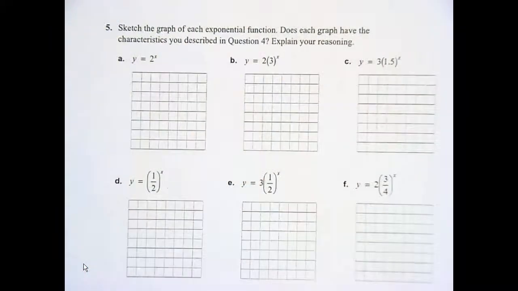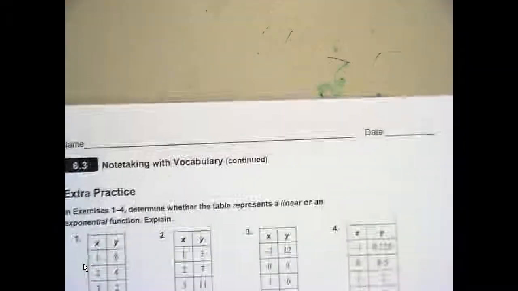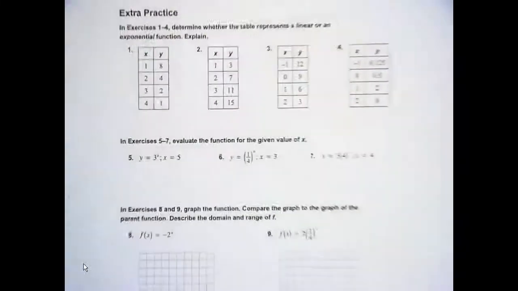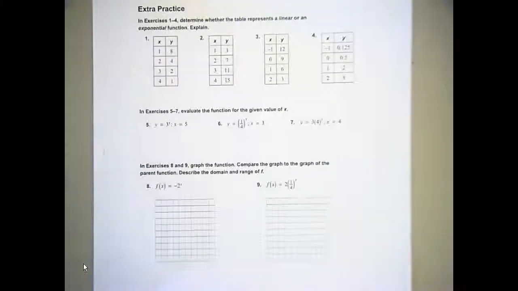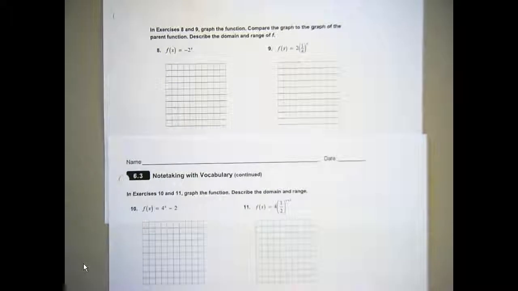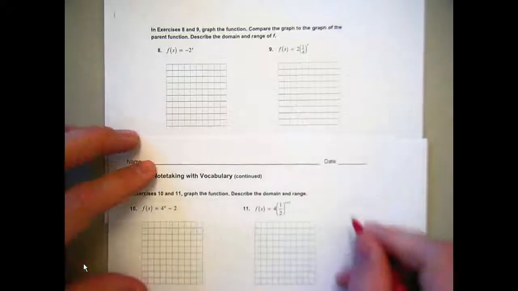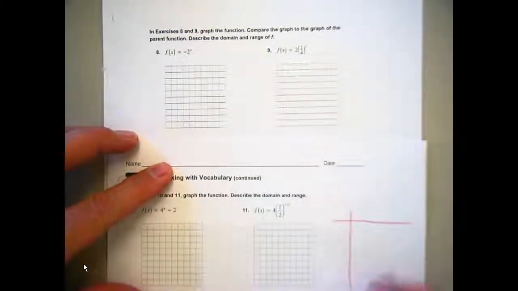It's going to be part of what we're doing tomorrow, but your assignment right now is to complete 1 through 9 on page 181, and then number 10 and 11 on page 182. Please make sure to make a table of values on these.